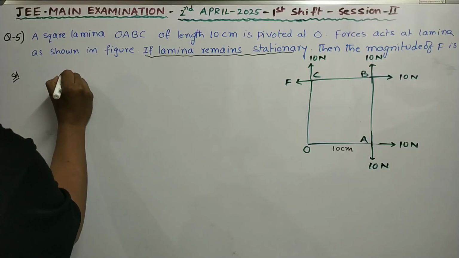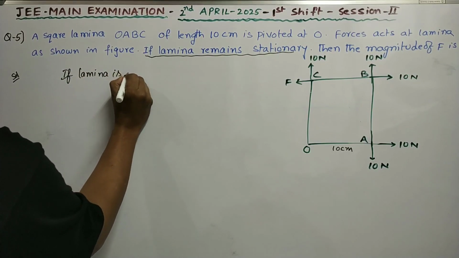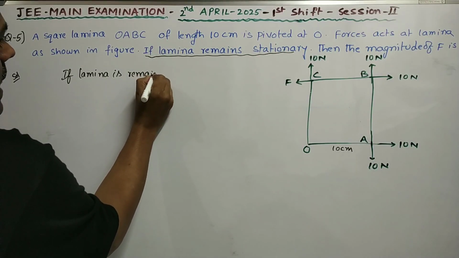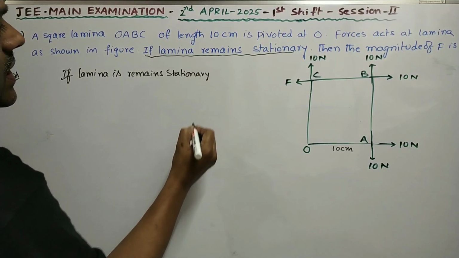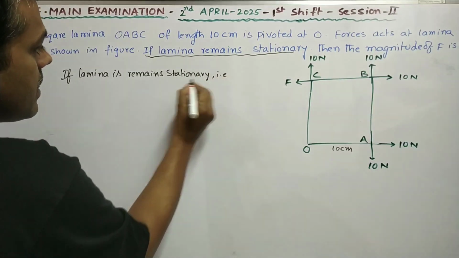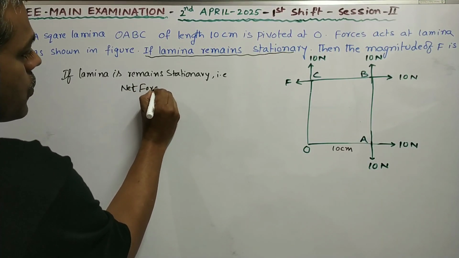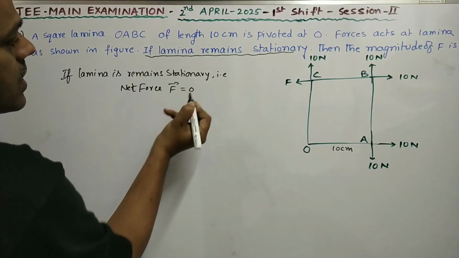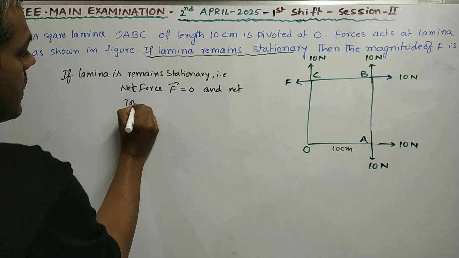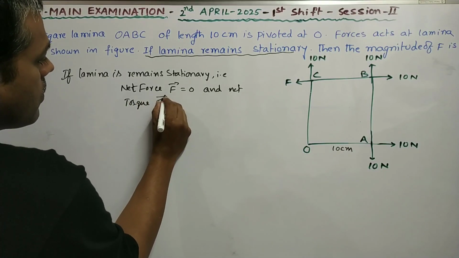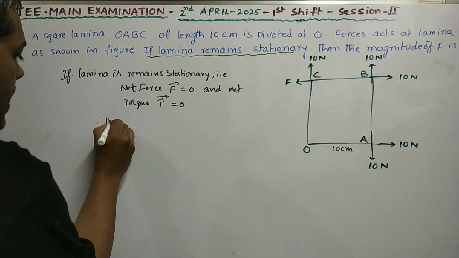That means if the lamina remains stationary, then net force F bar is equal to 0, and net torque tau is also equal to 0.